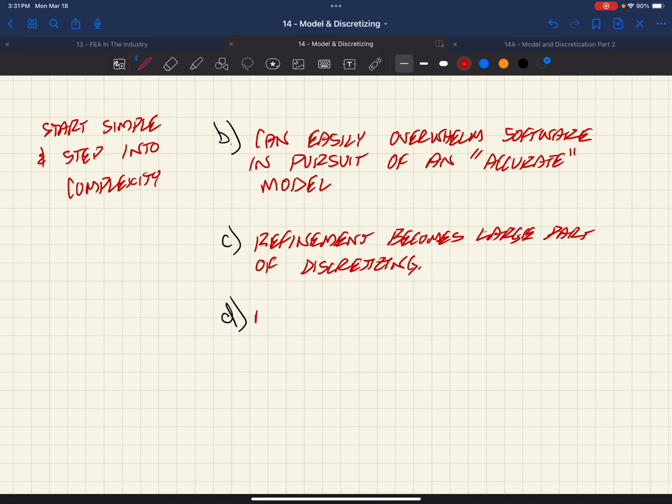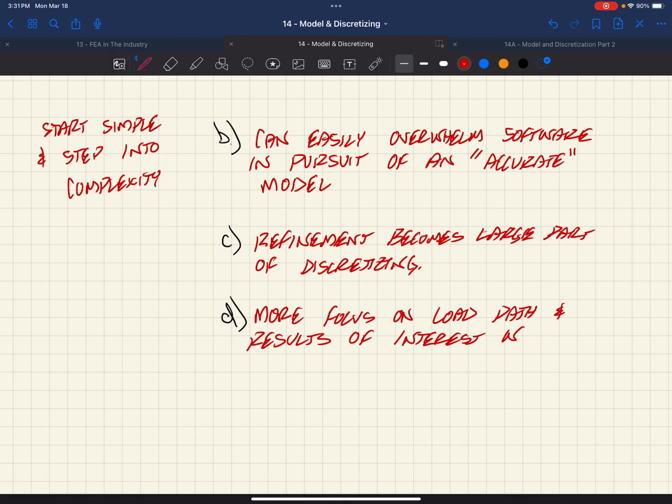So this gives us, or we then require more focus on load path and results of interest, which leads to more plates, like I mentioned, at some of those locations where we have intersecting elements, right?